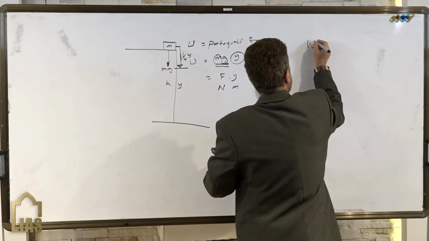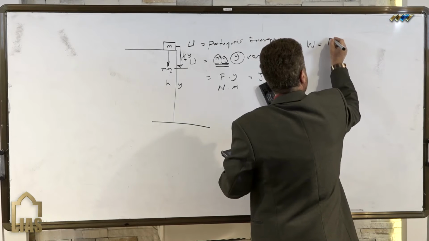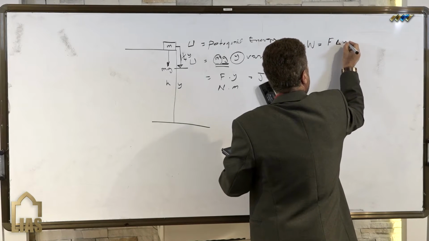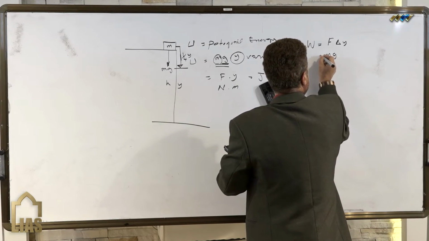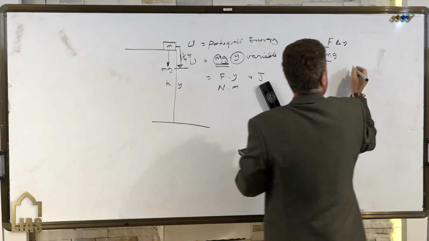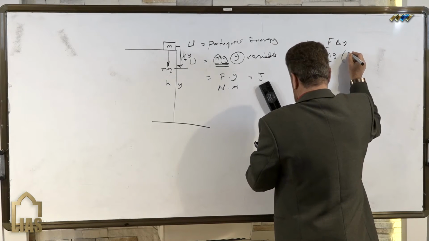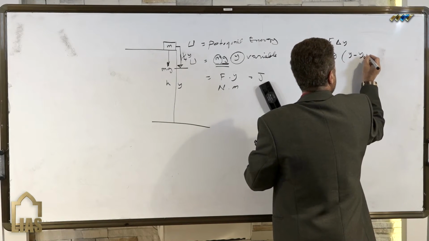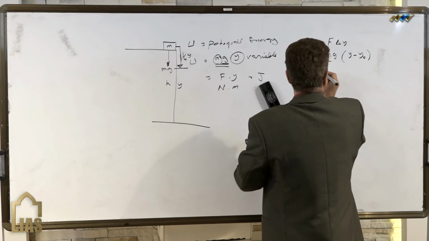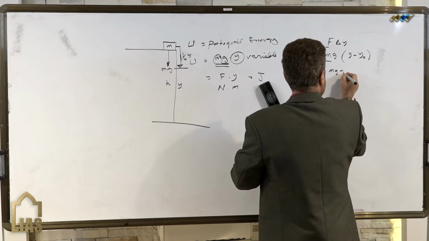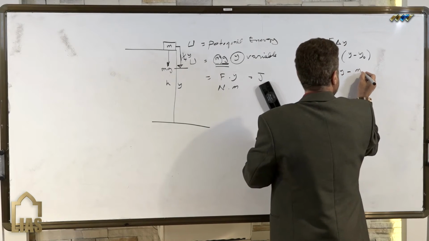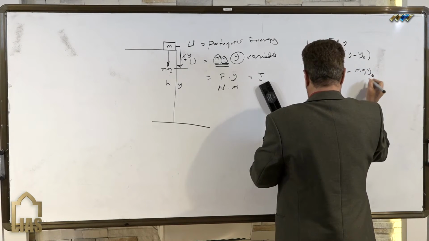The work is F delta y, and here F is mg, and delta y is y minus y0, which is mgy minus mgy0.